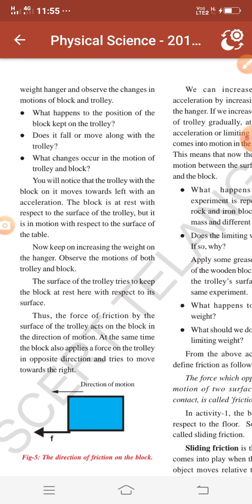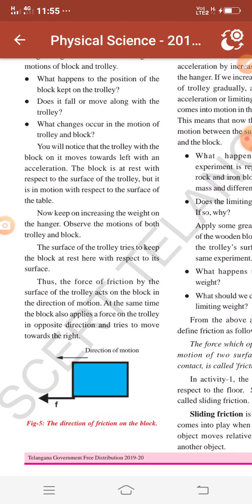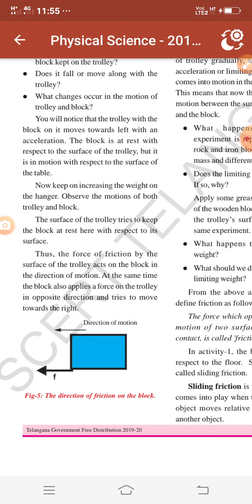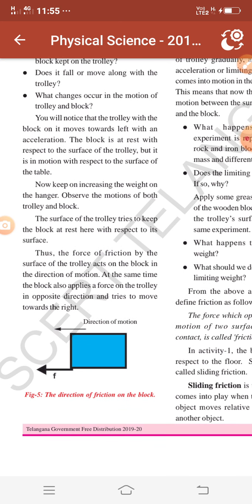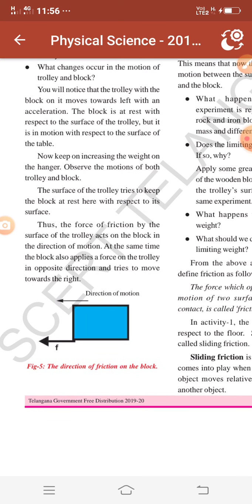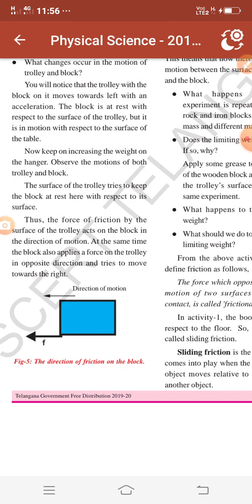What happened to the motion of the block kept on the trolley? Yes, you observe the surface of the trolley tries to keep the block at rest with respect to its surface. Thus, the force of friction by the surface of the trolley acts on the block in the direction of motion.